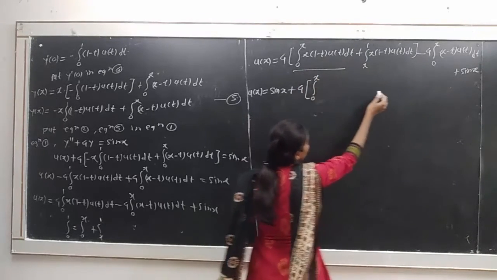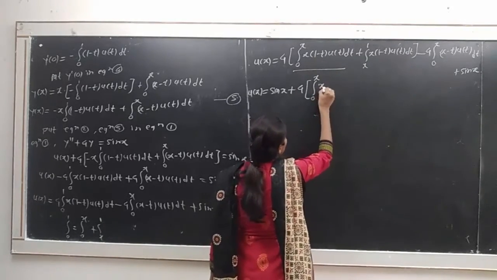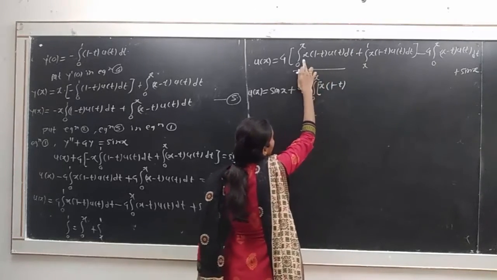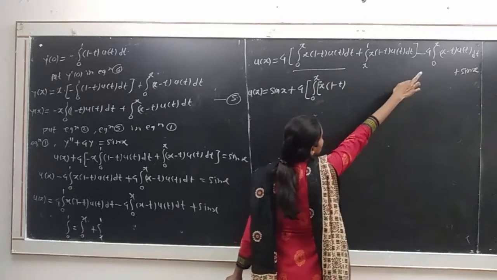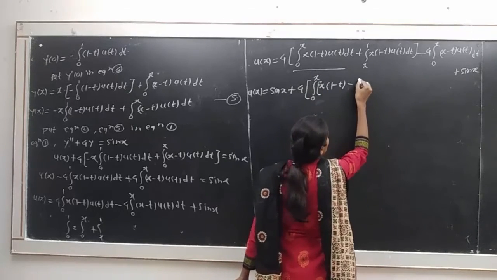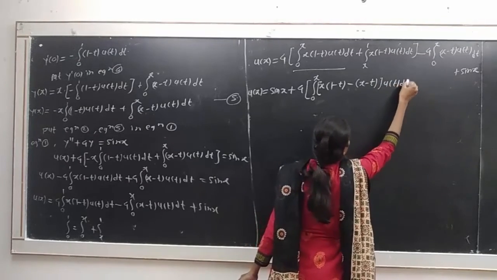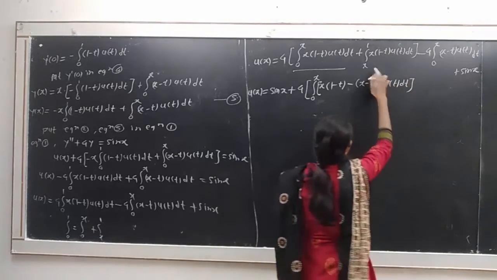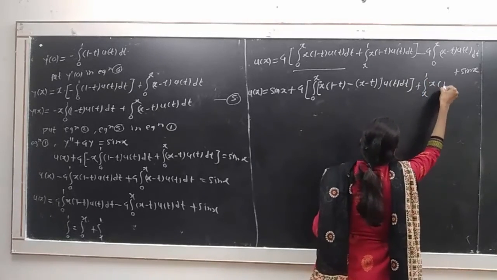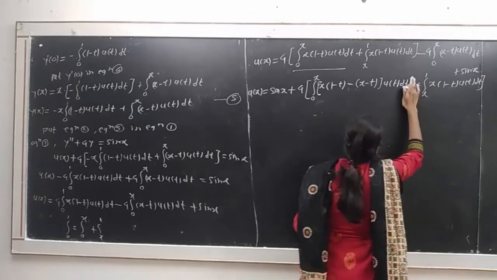We combine these two integrals from 0 to x, where the coefficient of the first integral will be x (1 minus t), then the second integral will have a minus sign, minus 4 we take outside, minus in bracket (x minus t) into u of t dt plus this integral from x to 1 of x (1 minus t) into u of t dt.